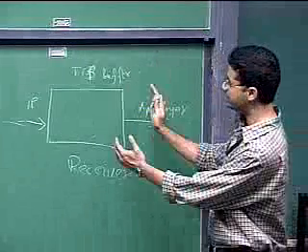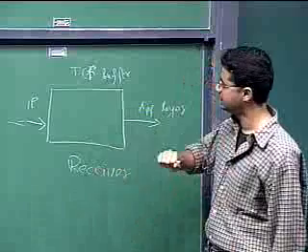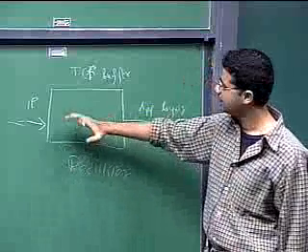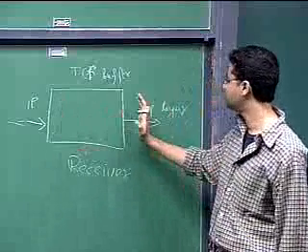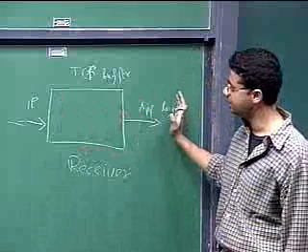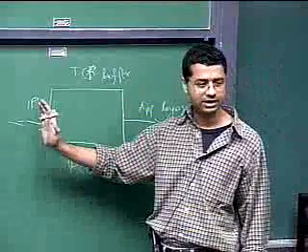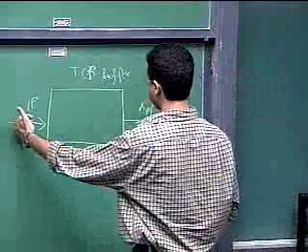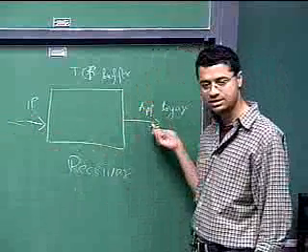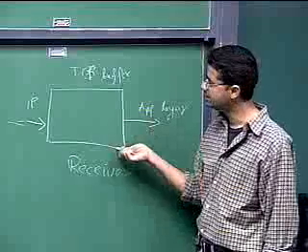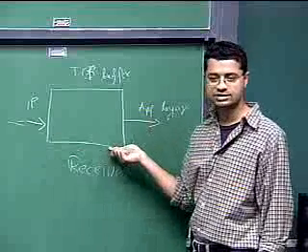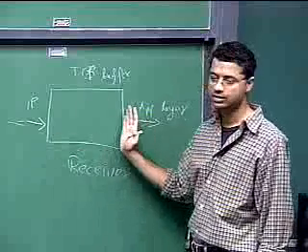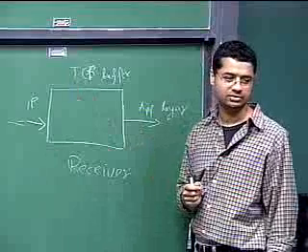The rate at which this receiver can send data to the app layer defines the rate at which it can absorb data from the IP layer. If the incoming data rate is higher than the outgoing data rate, then this buffer which TCP allocates is going to grow and overflow.